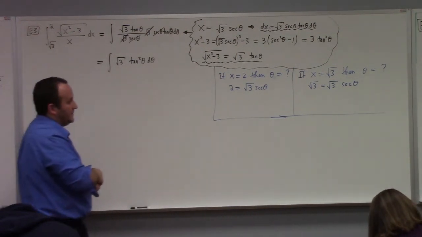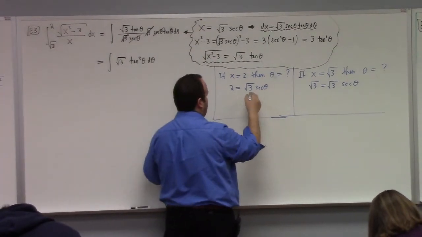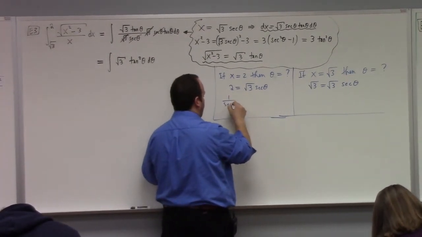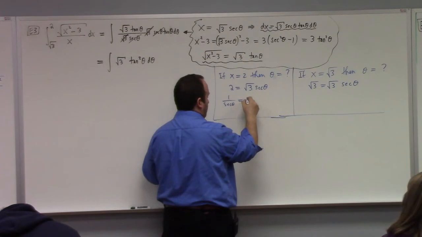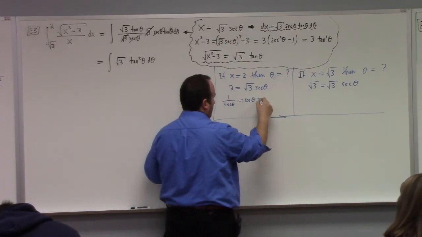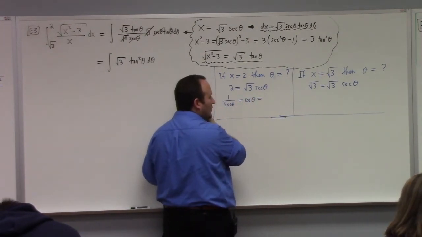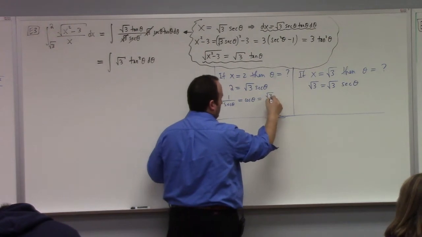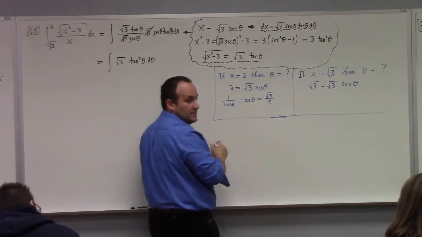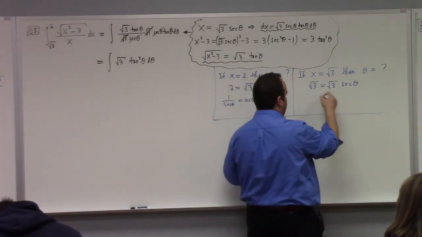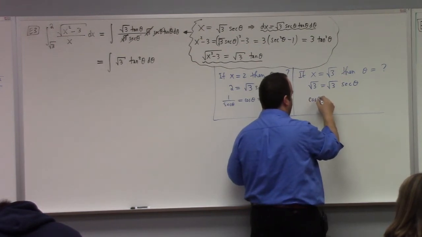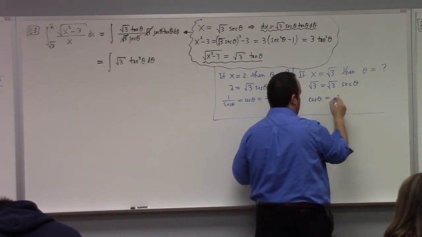So what do you got here? This gives us that 1 over secant theta, which by the way is cosine theta, is what? Root 3 over 2, right? And on the other hand, this will lead us to the fact that cosine theta is equal to 1, right?